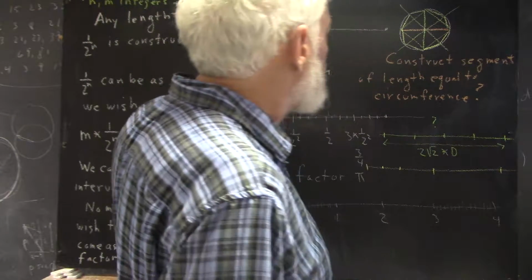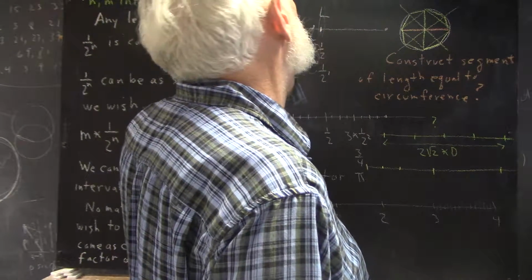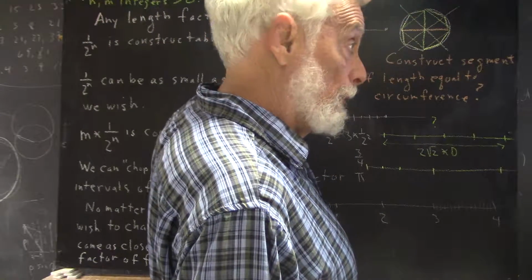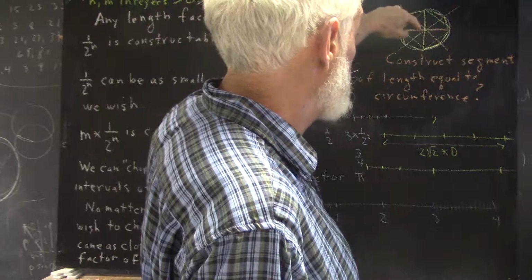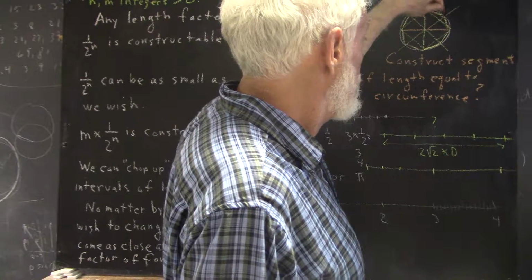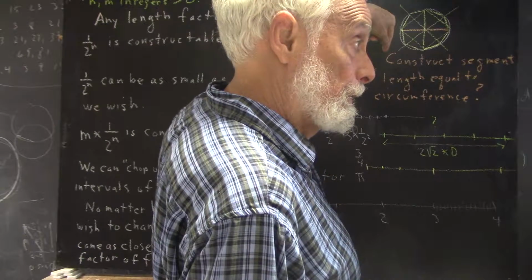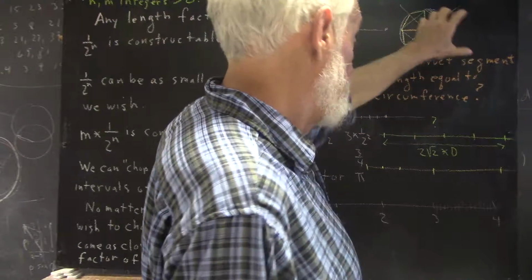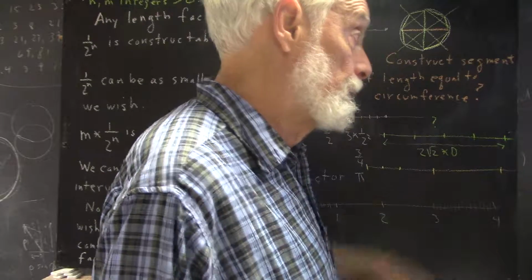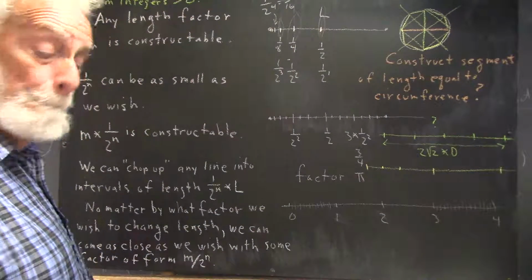Now can you geometrically, using Pythagorean theorem or whatever, determine the lengths of these segments in terms of the diameter and get a number that corresponds to this distance? Might be possible to do that.